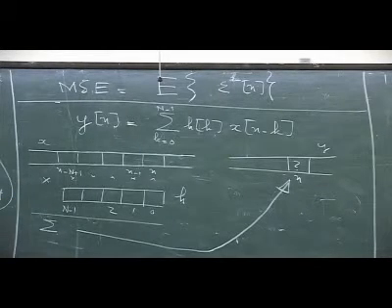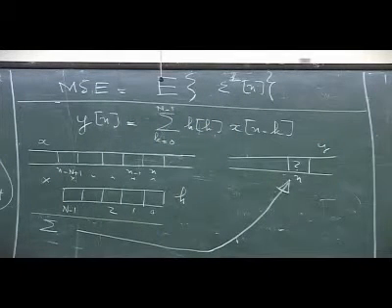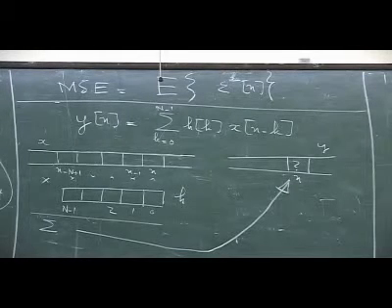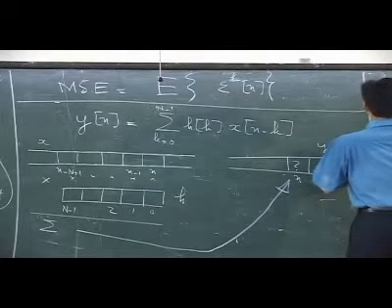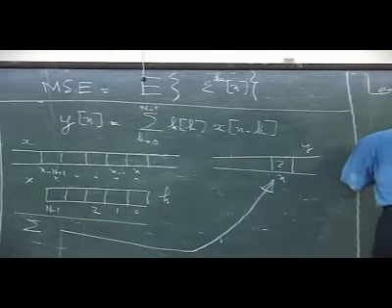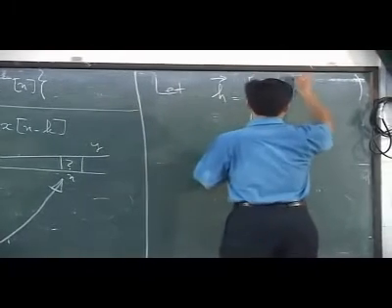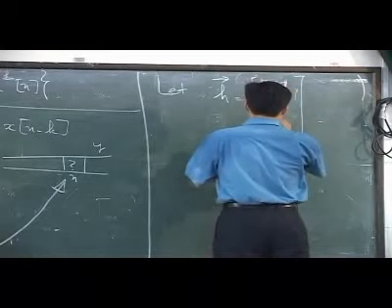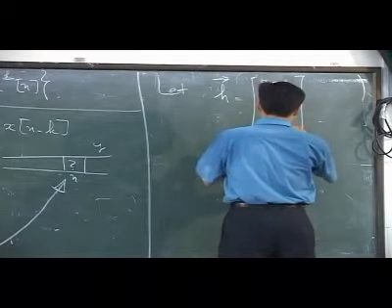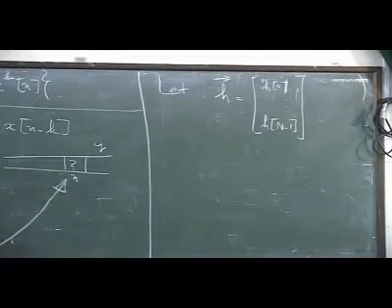Because of that, I want to come back to the concept of the inner product and the vector. So now we define the vector h as the vector of h0 to h n minus 1. This is the vector of all the filter coefficients.